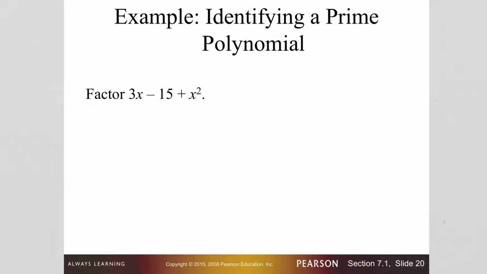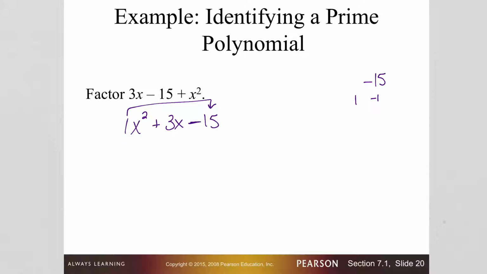Okay, so let's say that you have a problem like this. Check this out. It is not written in standard form. I strongly recommend that you change all of these into standard form before you ever start working with them. So this I would rewrite like this. And now I'm going to take my leading coefficient of 1 and multiply it times the negative 15. So I get negative 15 off to the side. Now I'm going to write down all the different pairs of negative 15.